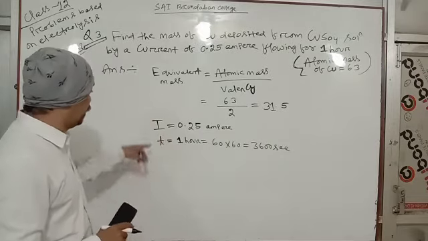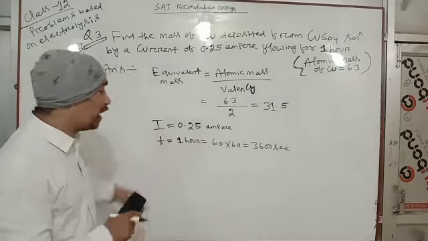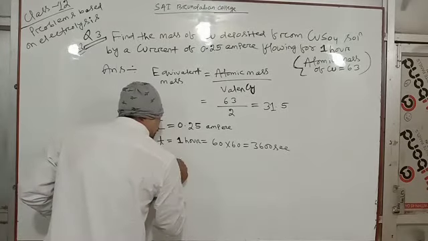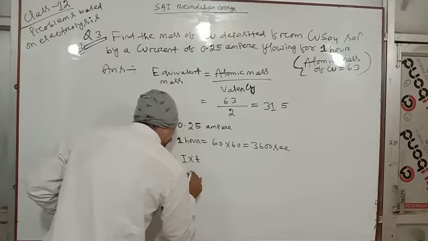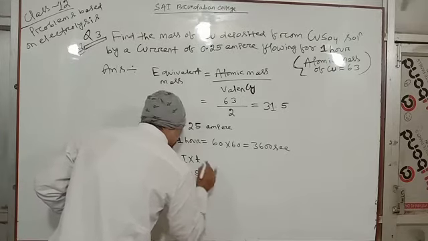So we know that Q is equal to I into T. Another formula, as we know, Q equal to I into T. So I is 0.25 into time.